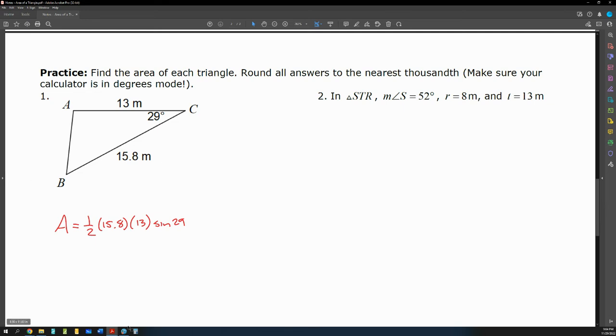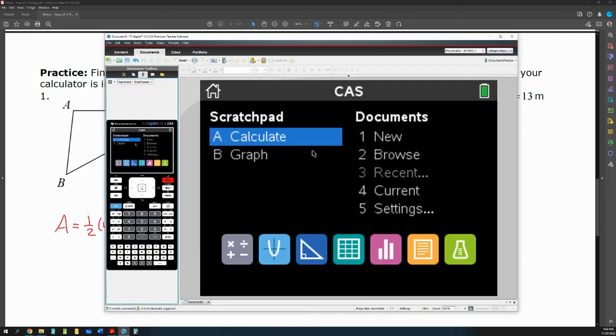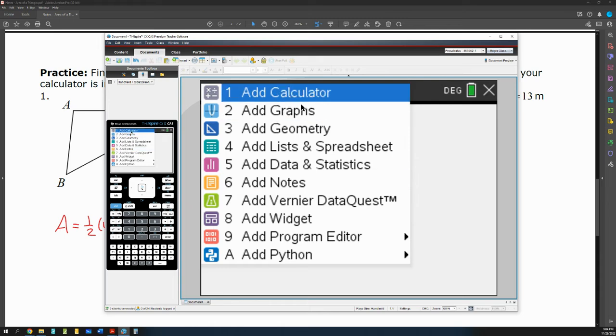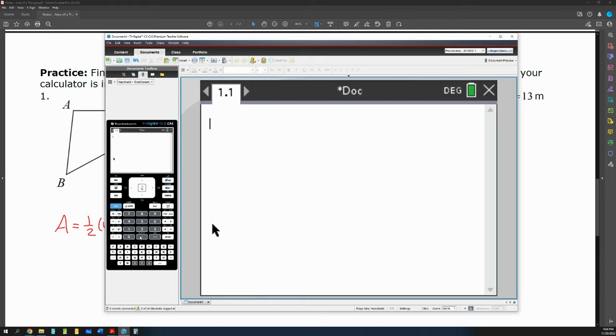From here, let's go ahead and plug it into our calculator. So in your Inspire, go ahead and open up a new doc, calculator. I'm going to do 1/2. So Control divide gives us our 1/2 times a, which is 15.8. And then times our 13, and then times the sine of 29 degrees.